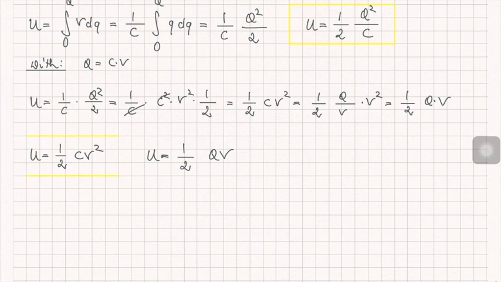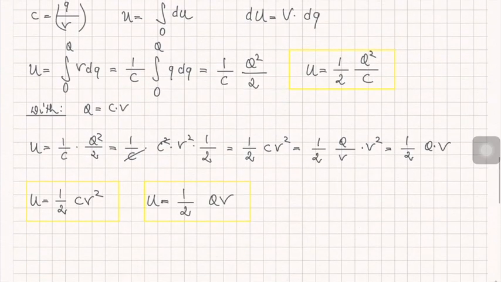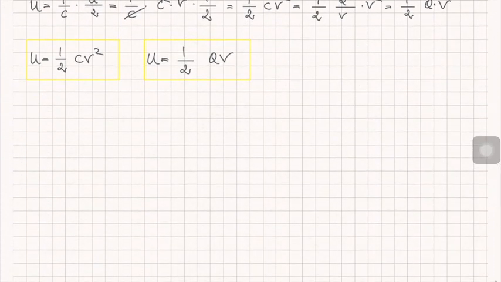And then we come to this very important calculation of the energy density, which is related to the square of the electrical field. Alright, so let's do this fun calculation now. So this is the energy of the capacitor first, so now the energy density.